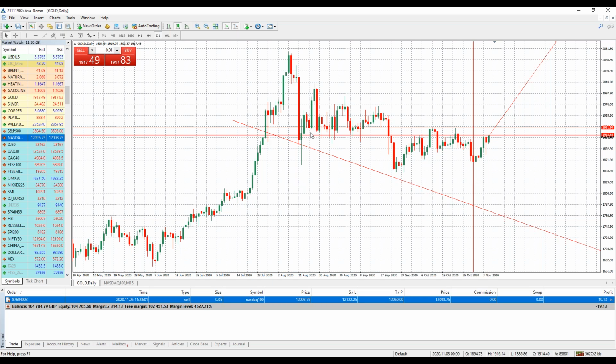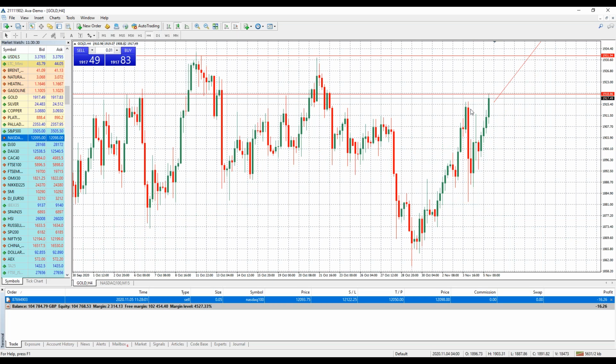I do see that when we looked at the 4-hour candles, there's a resistance level up here on gold. This was a spot where it hit and dropped, and now it hit and pulled back again.